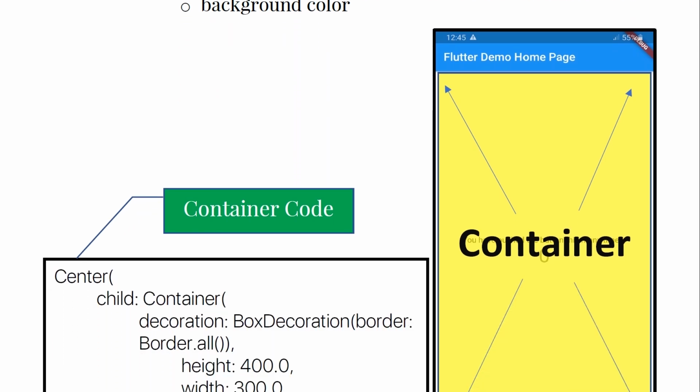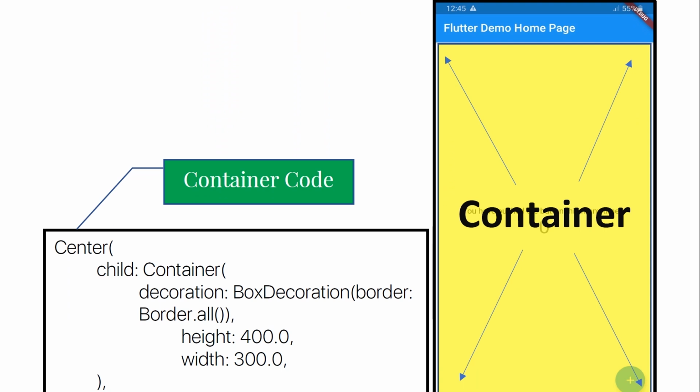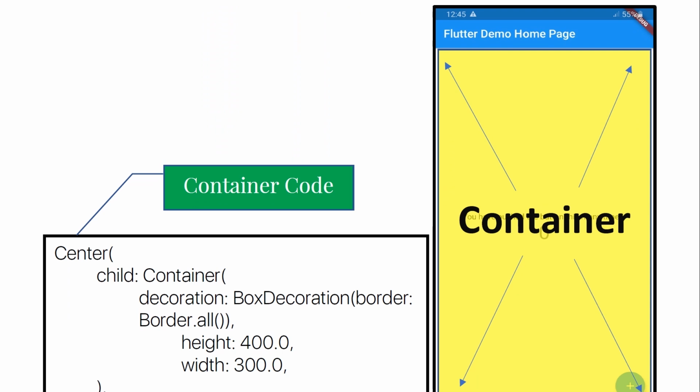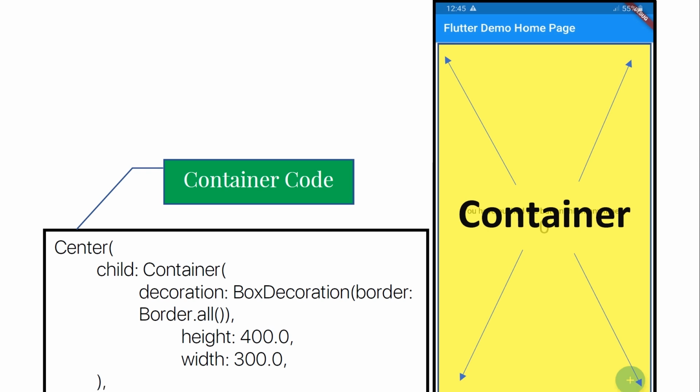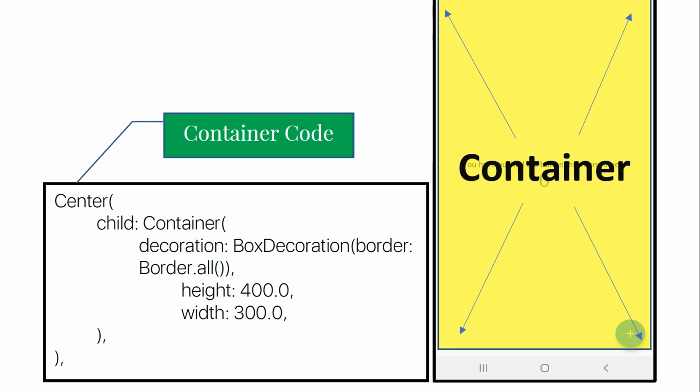So if you see in this figure, the container is a widget that contains all its child. So we can put whatever we want in this widget. And for the container code, in order to make it, we use the child and we use the keyword called Container.